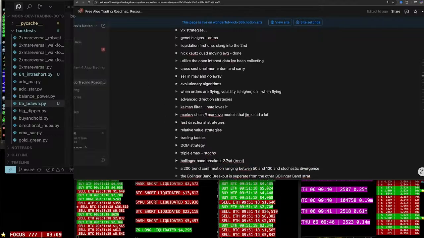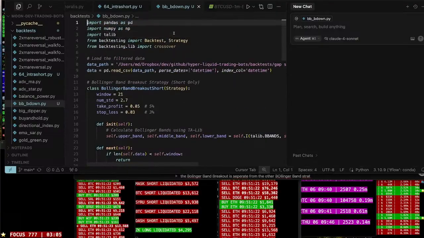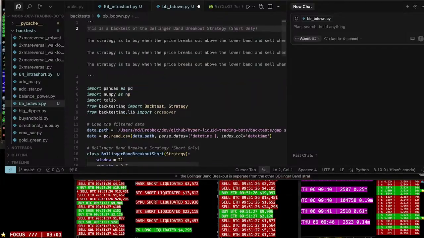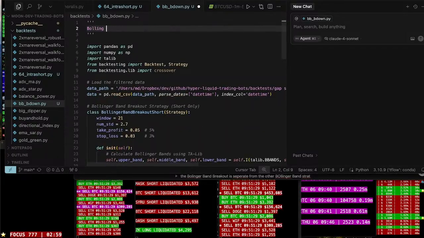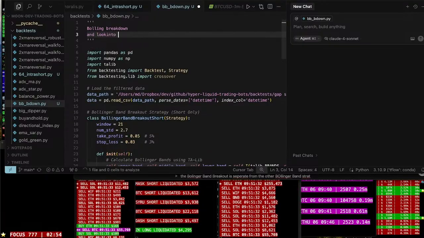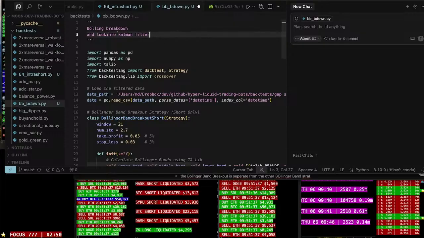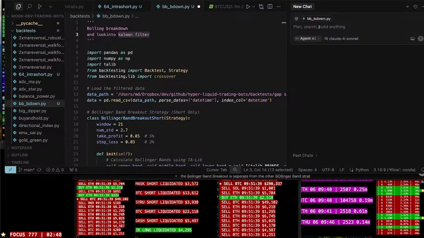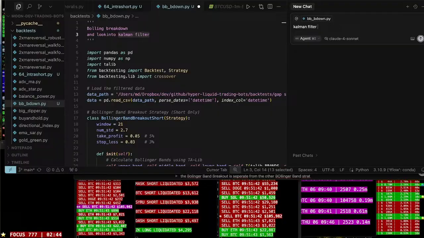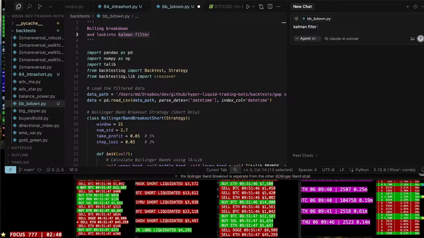Nate loves the Kalman filter. So I want to do a Bollinger breakdown and look into Kalman filter. Kalman filter? I don't know how to say it, but can you tell me more about this Kalman filter and how it can be used in a backtest?